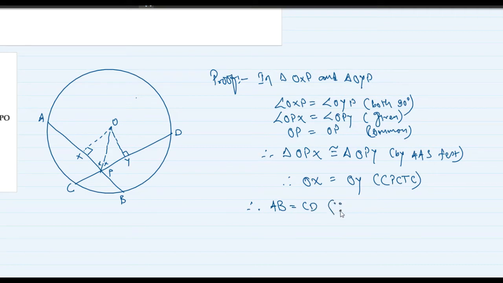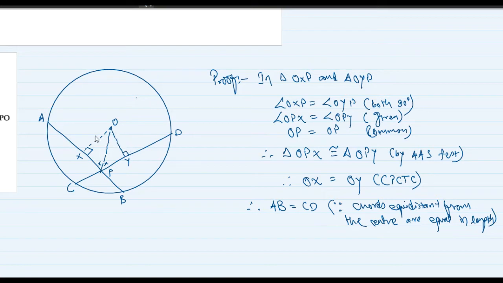Why? Since chords equidistant from the center are equal in length. Chords equidistant from the center are equal in length.